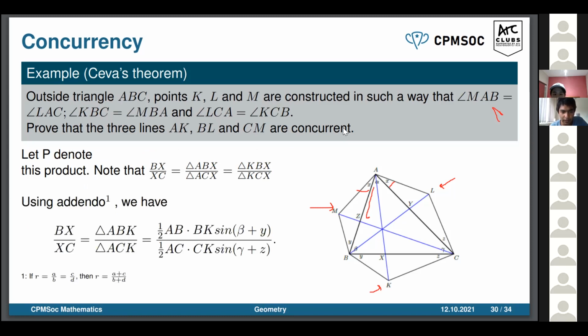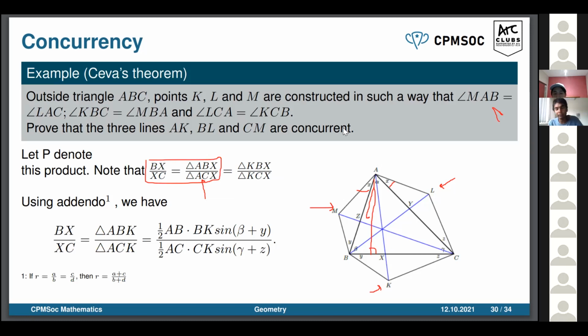There's quite a lot going on here. So, BX over XC. What's going on is we're trying to find the ratio of the areas of triangles ABX and ACX. The two triangles have the same altitude, the same height; the only thing that's different is the bases.